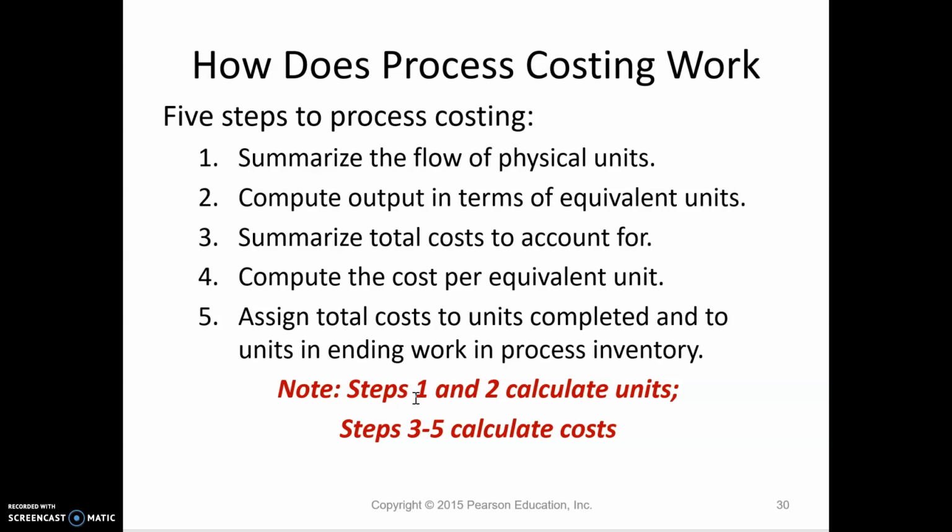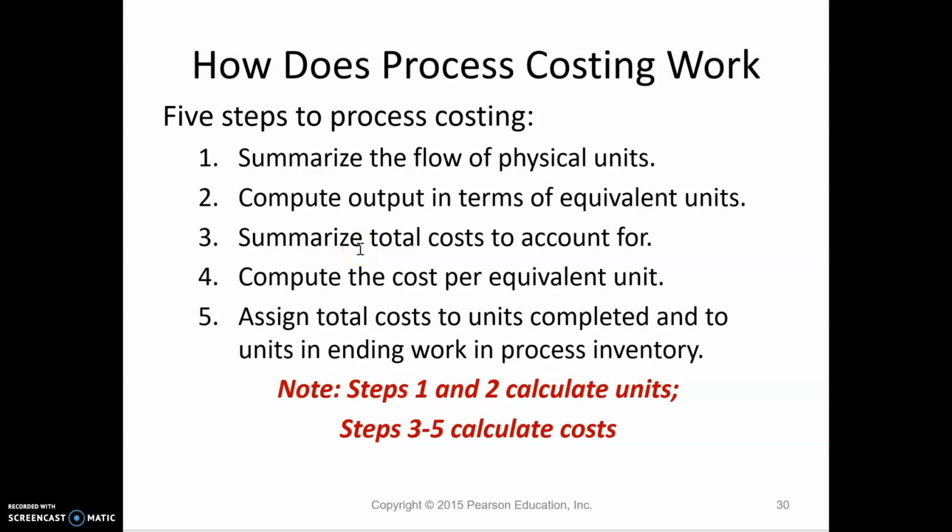So we determine the physical units that we're dealing with, and some of the units that we're dealing with are going to be the ending work in process inventory. So those units that are partially completed. Well, we want to spread the cost over fully completed units, so we need to determine the equivalent units. So the first 2 steps are getting the number of units straight. And then the next 3 steps in our 5-step process deal with the cost.